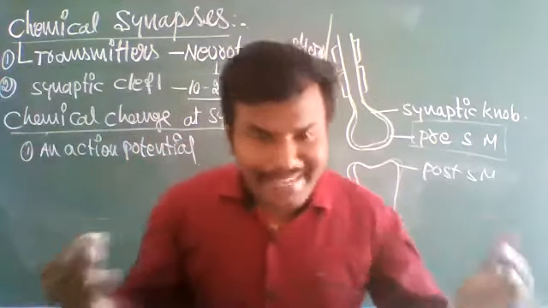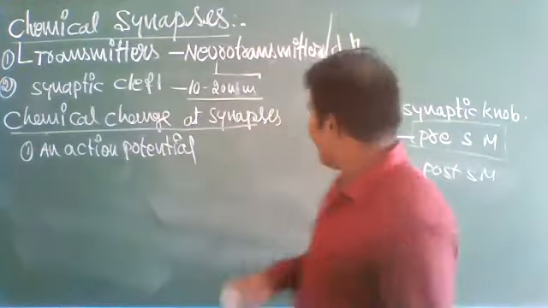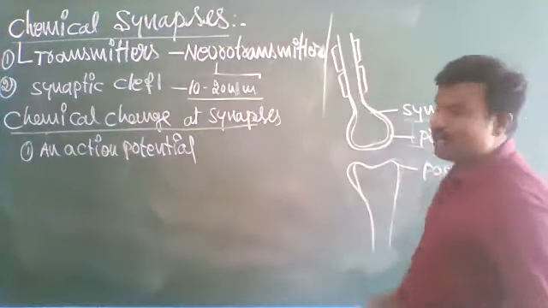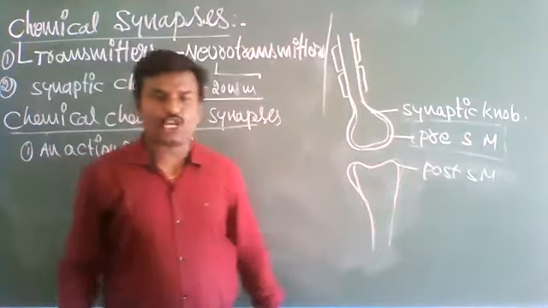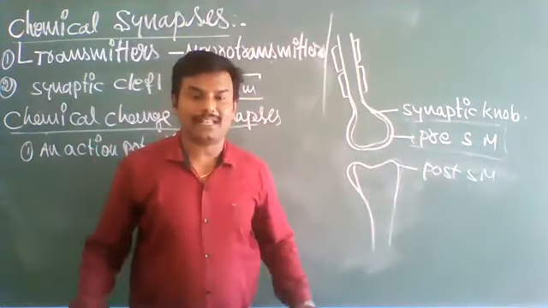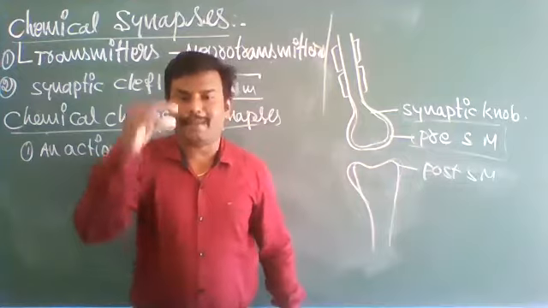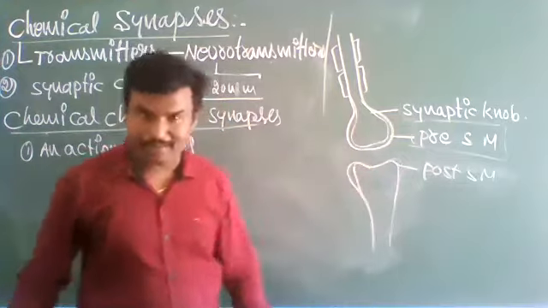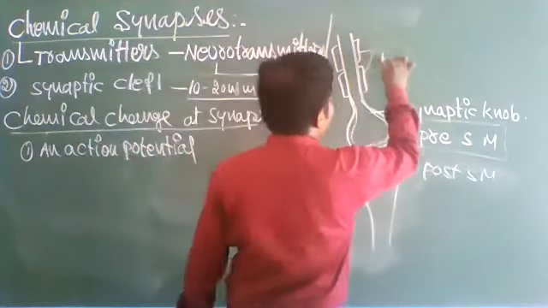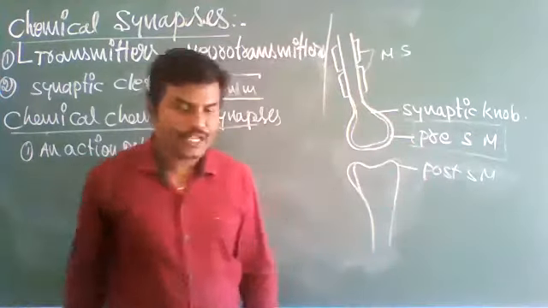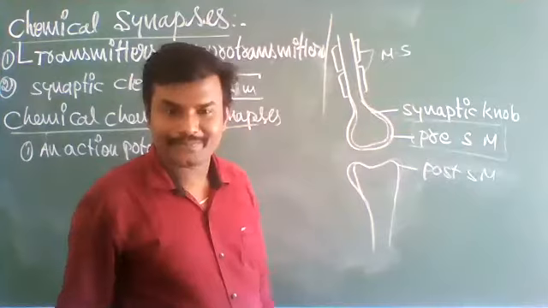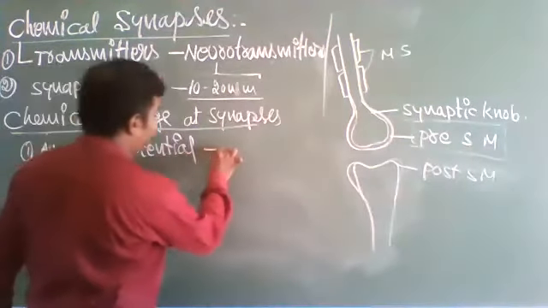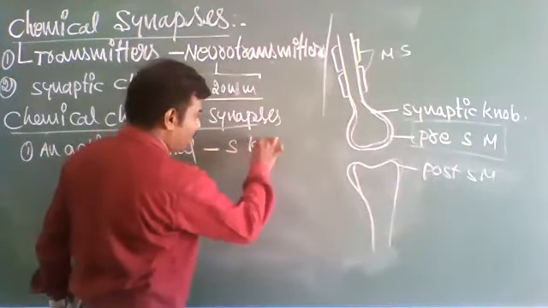Action potential means a nerve impulse reaching the synaptic knob. What is the synaptic knob? At the end of the axon are the nerve terminals, and at the end of the nerve terminals, bulb-like structures are called synaptic knobs. So an action potential reaches the synaptic knob.